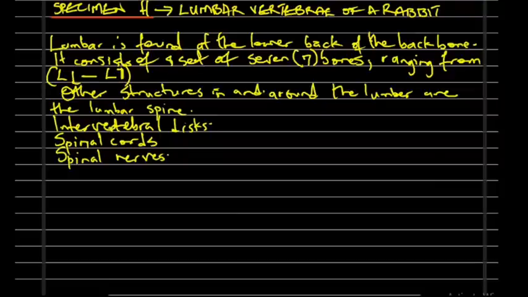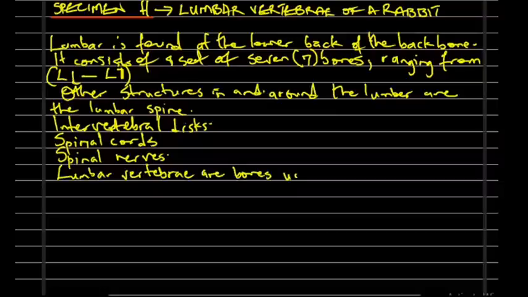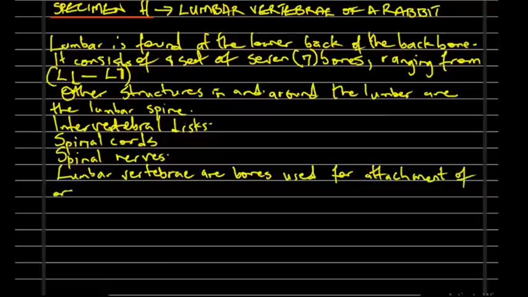Now, it is used as attachment points and for stability. This particular set of bones, the lumbar vertebrae, are bones used for attachment of organs and for stability.